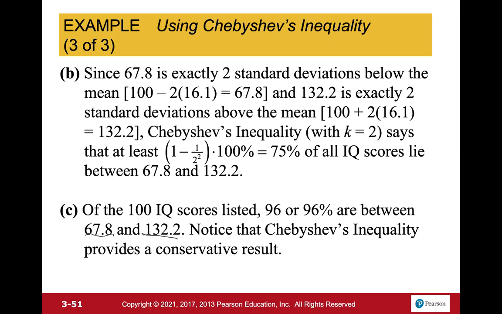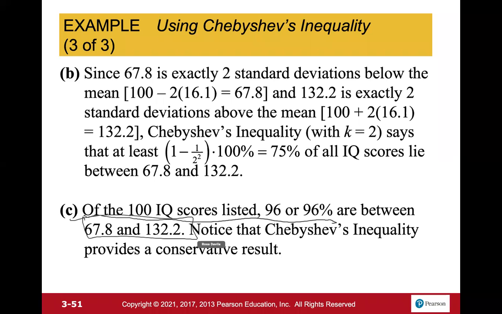So this is data that we found from the previous subsection. We see that what they did here, so of the 100 scores listed, 96, or we could say 96%. So they looked to see how many were actually between these two numbers.